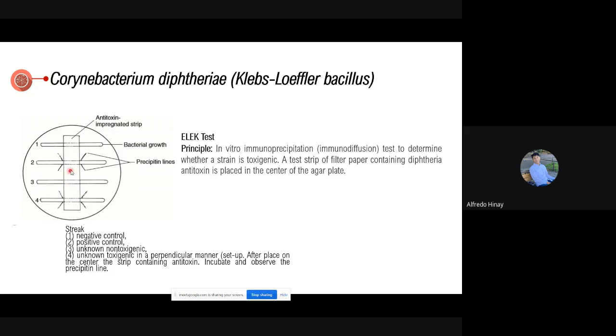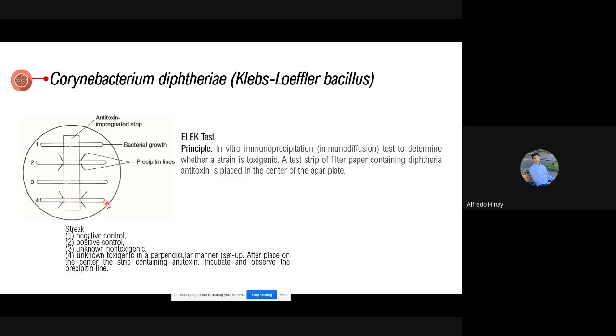So, ibig sabihin, class, meron siyang antibodies. Okay? So, place it in the center of the agar. Then, 1, for example, this is your negative control. Then, 2 is your positive control. 3 is your unknown, non-toxigenic. And then, 4 is your unknown toxigenic.